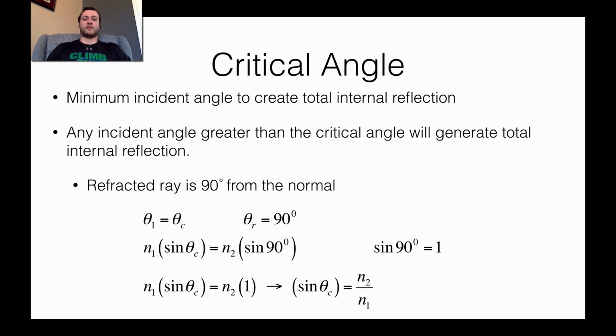When we work through the math, we end up finding that the sine of the critical angle is n2 over n1. Which means if you want to find what the actual critical angle is, you need to take the inverse sine of n2 over n1 in order to find theta c. That sine theta c equals n2 over n1 in the bottom right-hand corner is our formula to help us get to the critical angle, to figure out whether this incident light is actually going to pass through, or whether it's going to have total internal reflection.